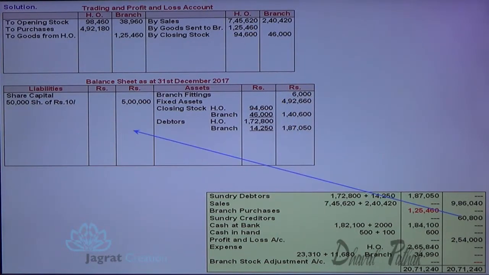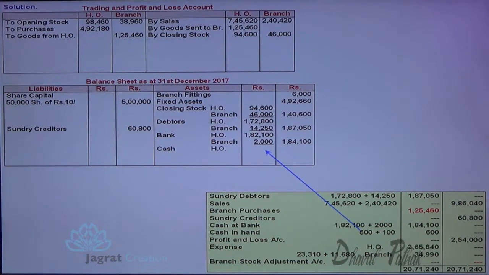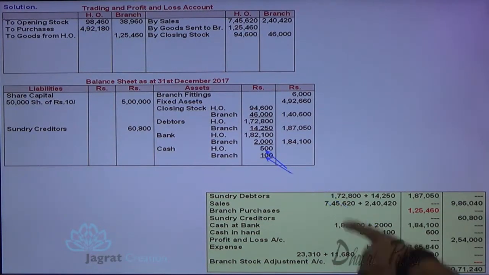Then comes creditors, liability side, cash at bank HO and branch, cash in hand HO 500, branch 100. This is how cash balance is recorded.